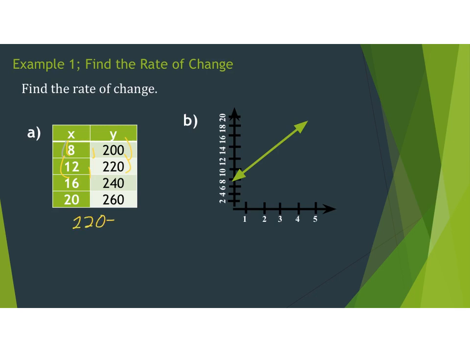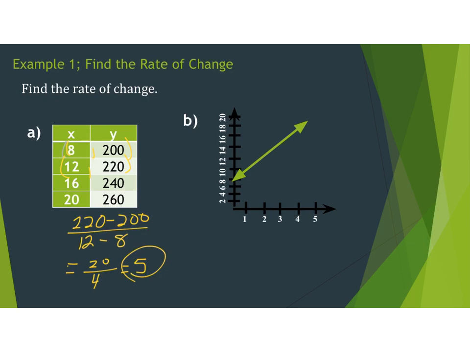So 220 minus 200 over the change in the x's, which would be 12 minus 8. That gives me 220 minus 200 is 20. 12 minus 8 is 4, giving you a rate of change of 5.